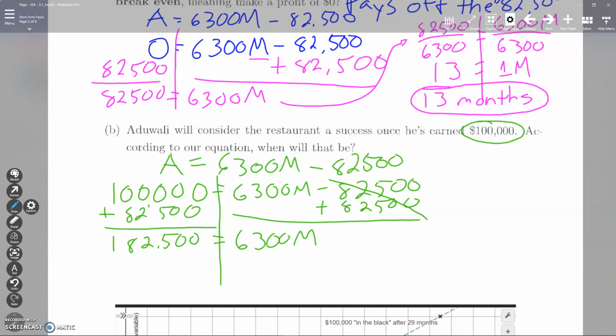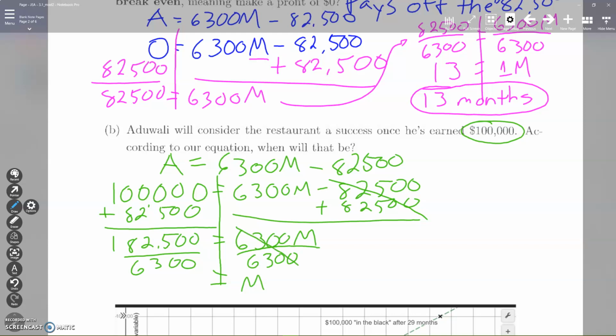All right, so just like with the above one, we're going to divide both sides by how much per month he's earning, that rate of change again, how much per month. And we're going to get our result for M. That's $6,300. We say that cancels because that reduces to a single group of months.